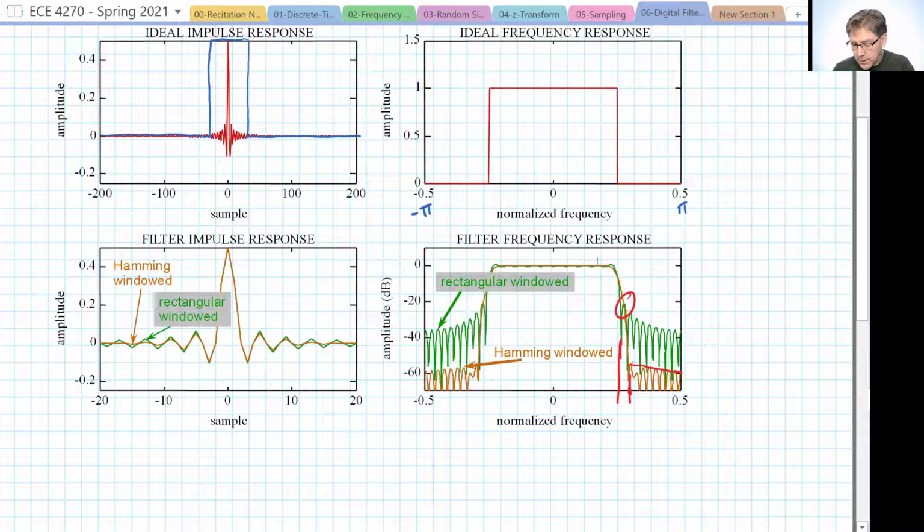On the other hand, the side lobes remain at the same height, but they move in closer. So longer windows don't change how much attenuation you get, but they do make everything sharper and closer to the ideal in that respect.